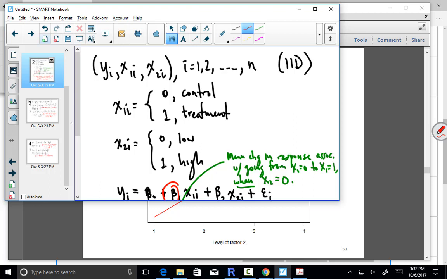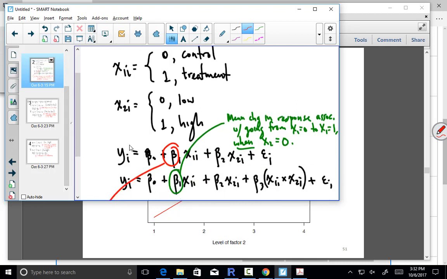The notes express ANOVA models in a particular way, and they present these tables, sums of squares or covariance matrices and stuff. The way I wrote it here, with a response written as a linear combination of predictors, this is a regression, linear regression style model statement.